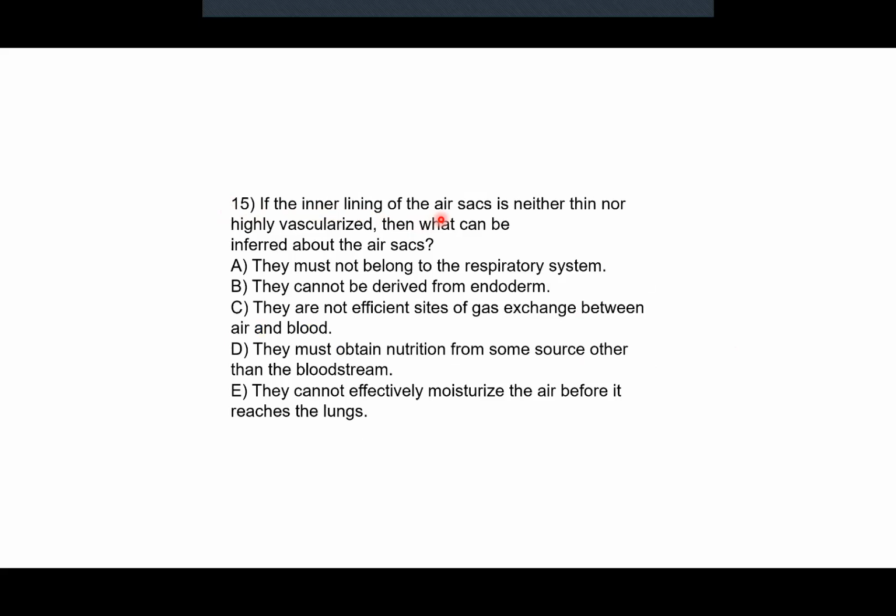15, if the inner lining of the air sacs is neither thin nor highly vascularized, then what can be inferred about the air sacs? So we're talking about alveoli. And remember, alveoli are good with gas diffusion because they have many capillaries, which are very thin, and gas is easily able to diffuse on thin membranes, these capillaries, because of their high surface area.